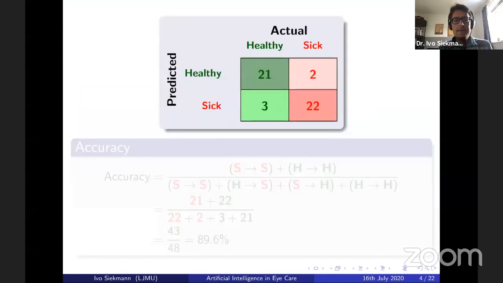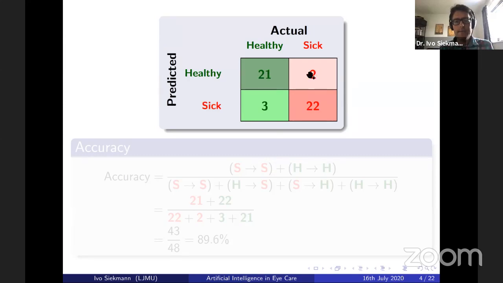When we look at a specific example, we see here that we have a data set where we have predicted patients as healthy and sick. For example, here we see that 21 patients who are predicted as healthy were actually healthy, and 2 patients that were predicted as healthy were actually sick.